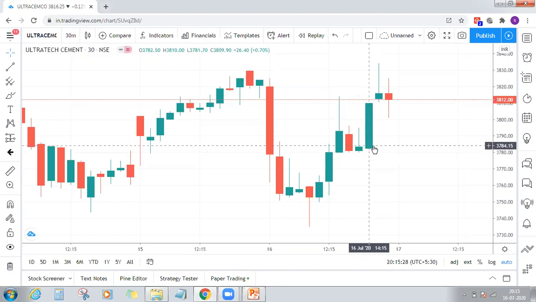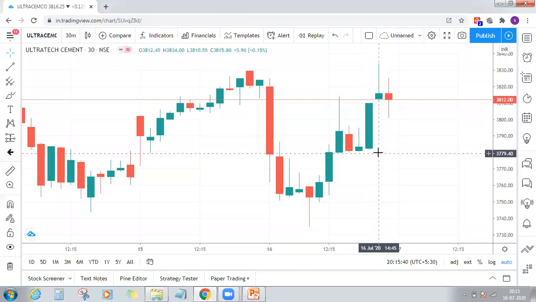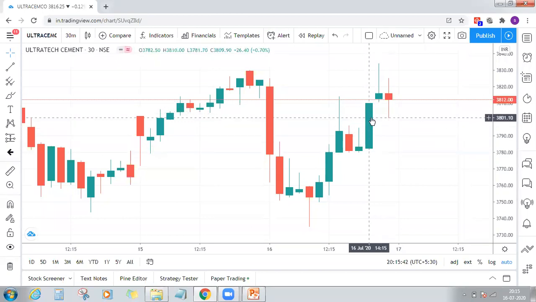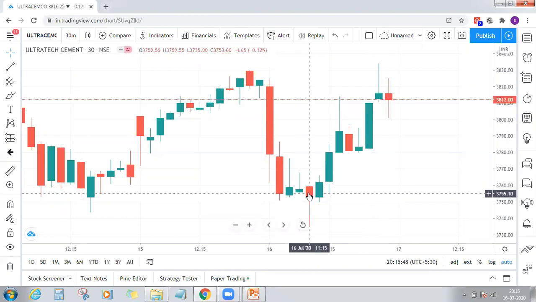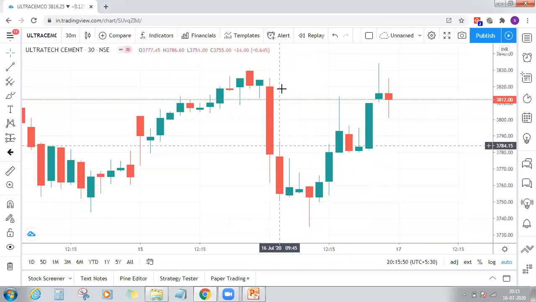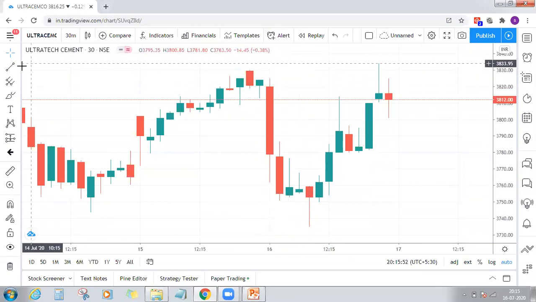That means starting from the session, bulls were aggressive and close was equal to high. So at the end of the session, at the end of the 30-minute interval also, the bulls were very strong. So these strong bulls, they defended their price. That is the reason you saw this rejection here. So this is a hammer pattern, and prior to this, we have a strong bearish rally.